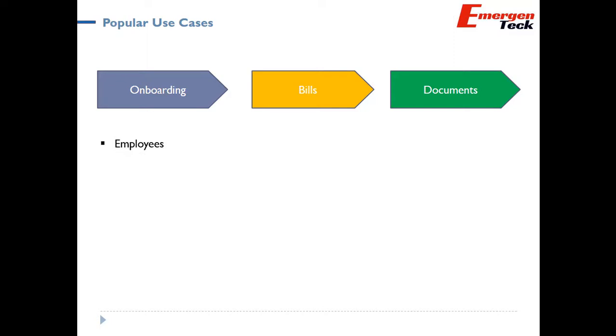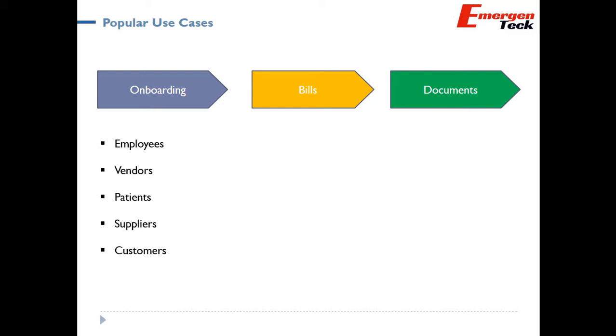Let's understand the typical use cases in onboarding. In employee onboarding, any kind of documents, such as the Aadhaar card, PAN card, or mark sheet, can be extracted. In vendor onboarding, vendor related documents, maybe their GST number, PAN card, or bank statement. For patients, maybe the clinical trial or pathology reports can be extracted.